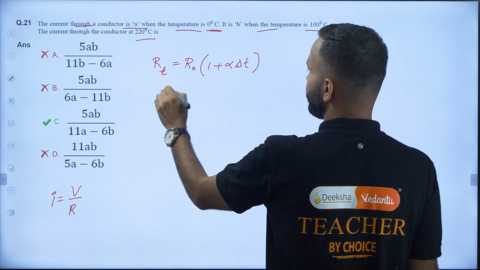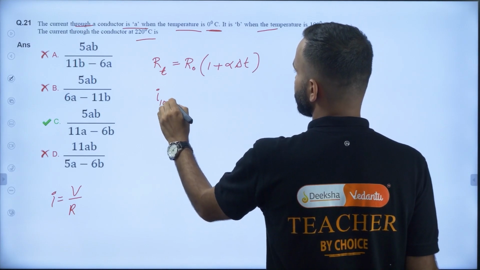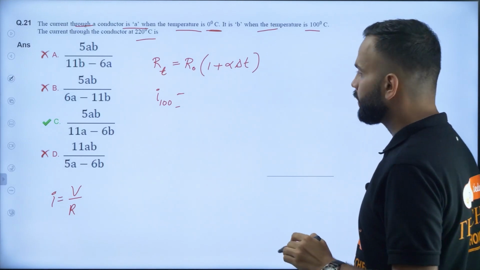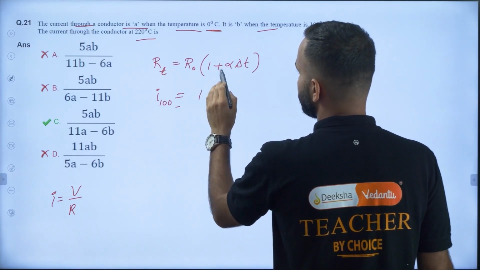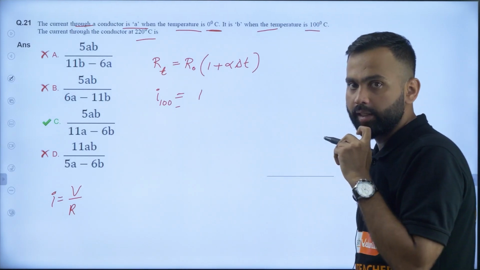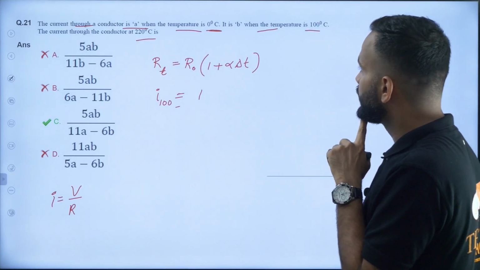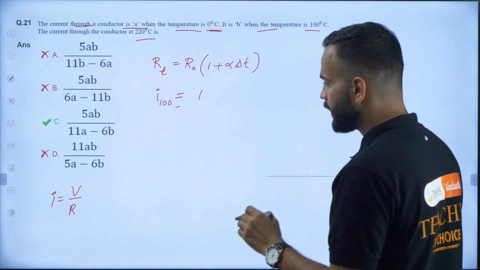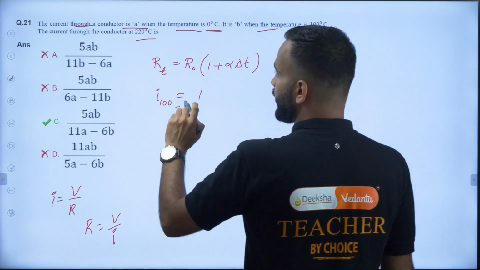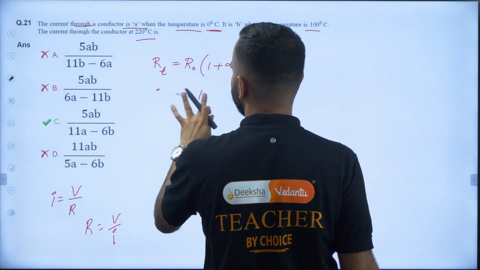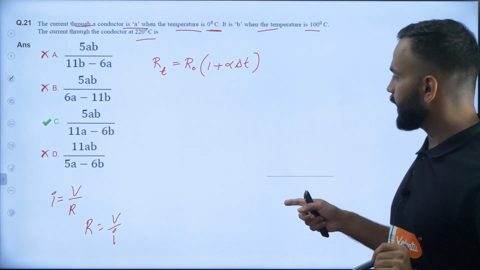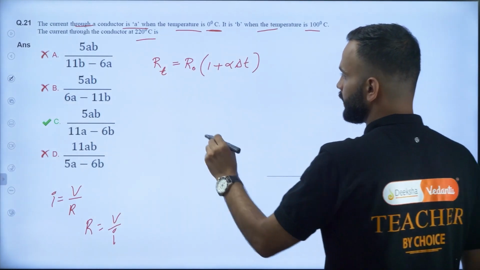Now the current at 100 degrees Celsius is equal to V divided by R, where V is the voltage. Current is A when the temperature is 0 degrees Celsius, so R is equal to V divided by I. So now RT will be equal to V divided by IT, that is I100.